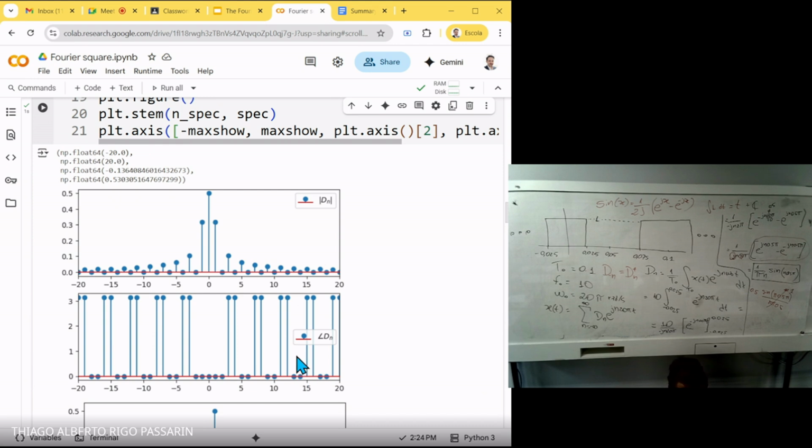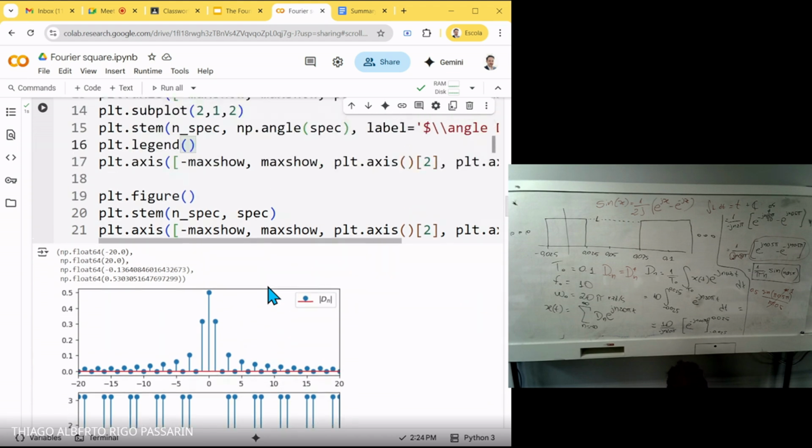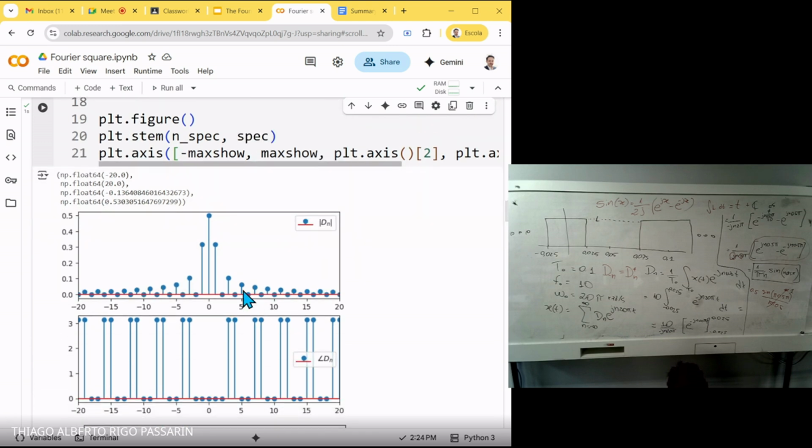As a function of n is interesting, but I prefer to plot as a function of frequency, because each of these guys is the amplitude, and each of these guys is the phase of an exponential with a given frequency. The frequency is n times omega 0.